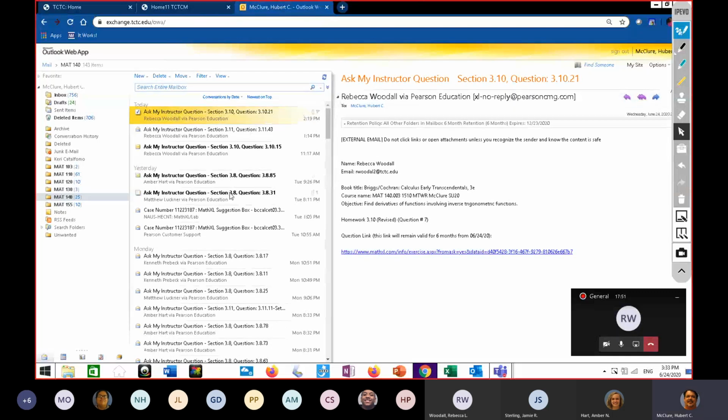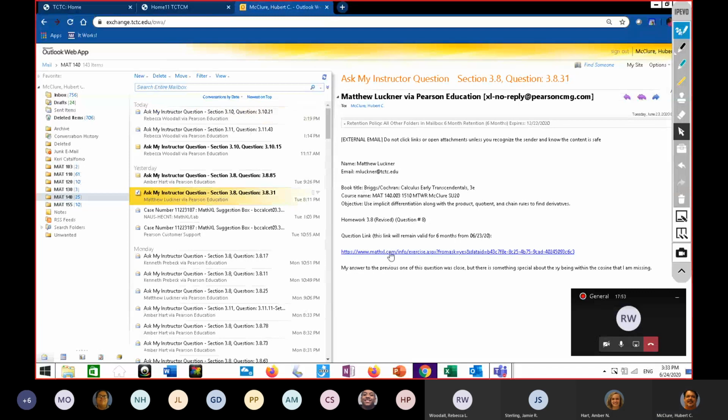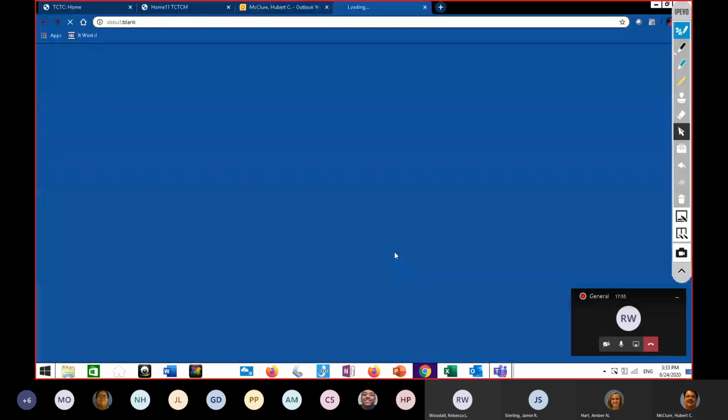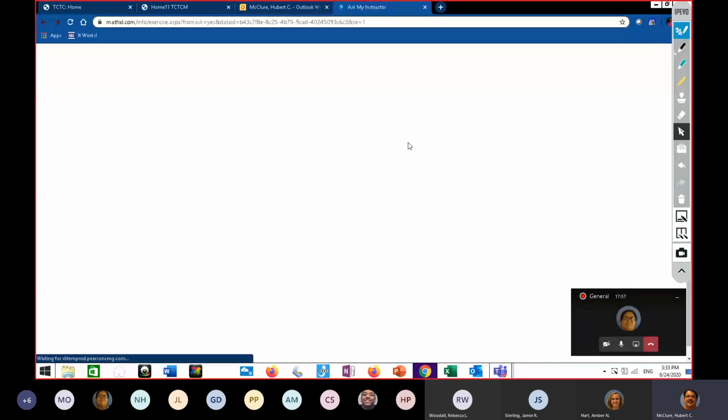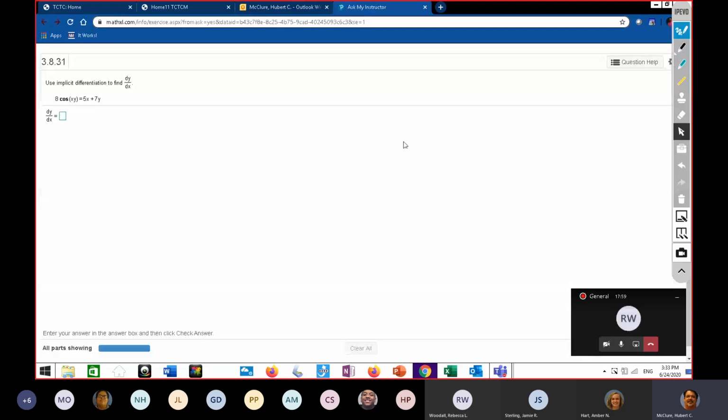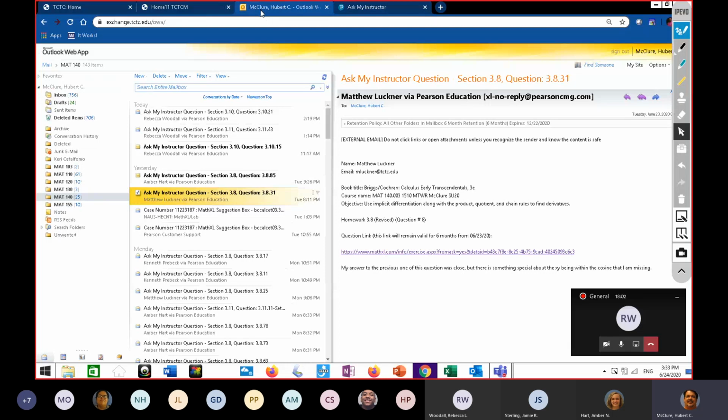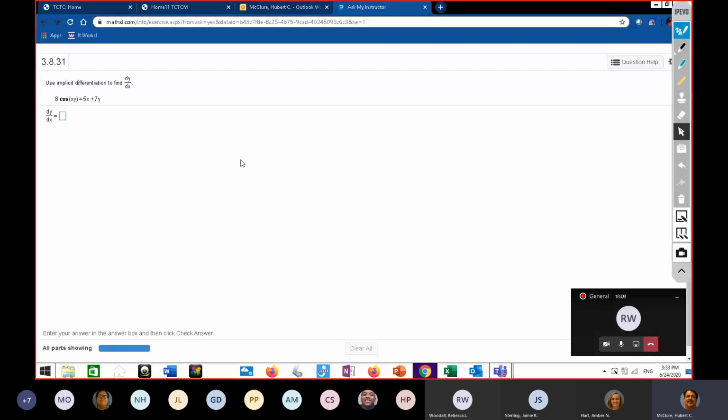Here's 3.8, 31 slash 8. I'm going to try to get rid of this thing. Can I get rid of this?